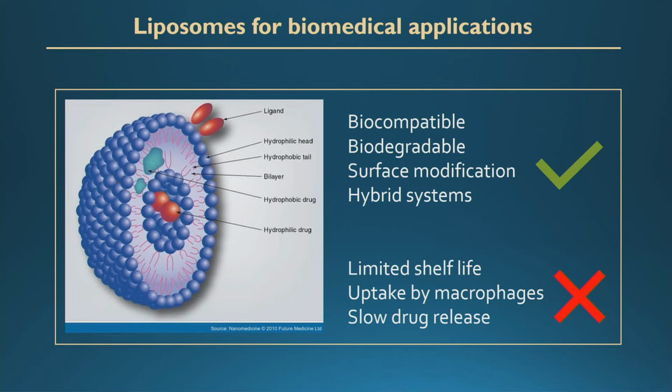As you probably know, liposomes are made of this bilayer lipid that really resembles the cell membrane. So it's biocompatible. It's easily degraded. So the lipases in our bodies easily degrade these liposomes, even intracellularly. They're also amenable to surface modification, so we can add ligands or other molecules of interest to our systems.